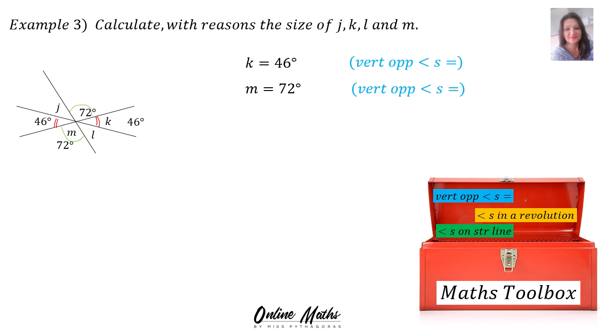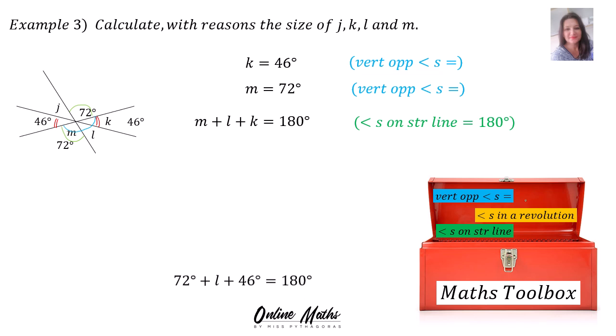We can now have a look at angle L. And do you agree that angle M plus L plus K, they are equal to 180 degrees since they are adjacent angles on a straight line is equal to 180 degrees. They are supplementary.